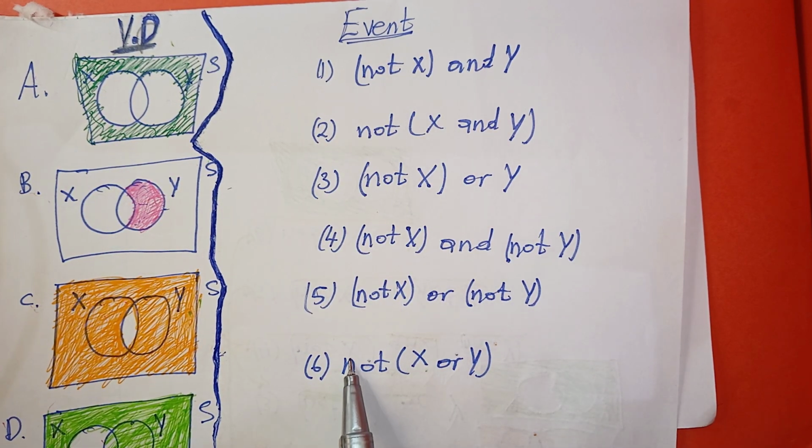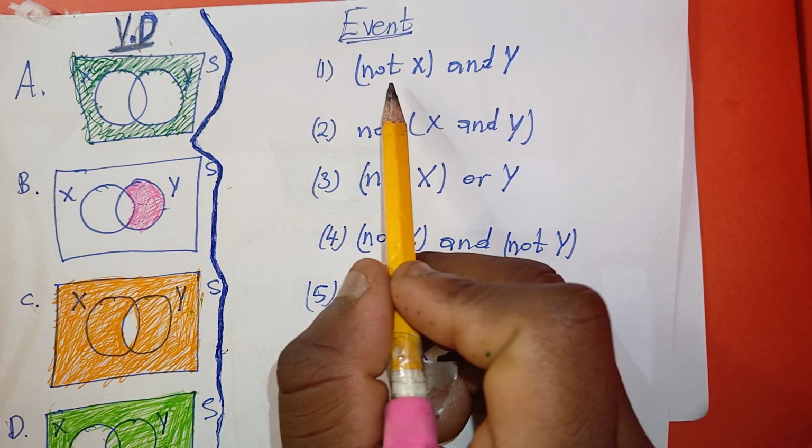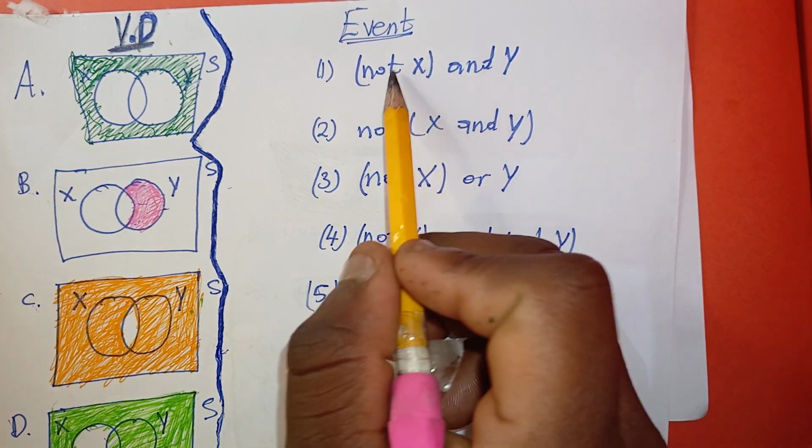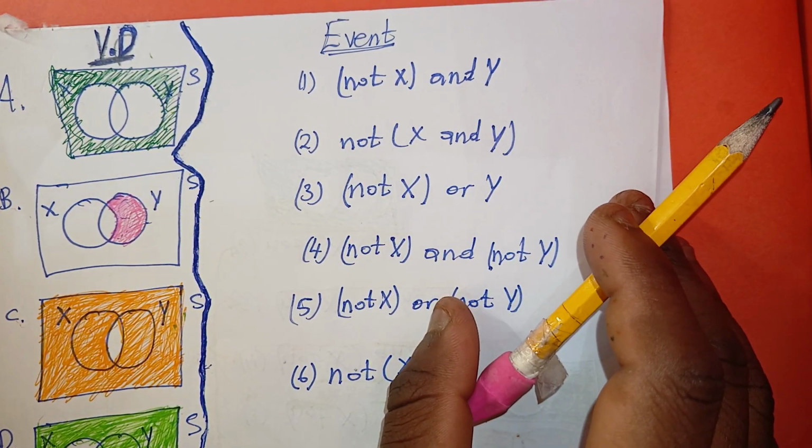To approach this kind of question, just consider your events and try to draw the Venn diagram according to your understanding.